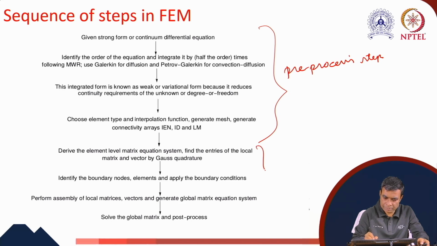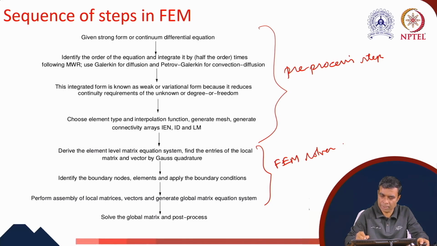So the steps here where we use the Gauss quadrature to calculate the element level matrices and vectors. Then we implement the boundary condition, and finally after assembly we generate the global matrix equation system that is known as the processor step or the solver step of FEM. So this is FEM solver part or processor.